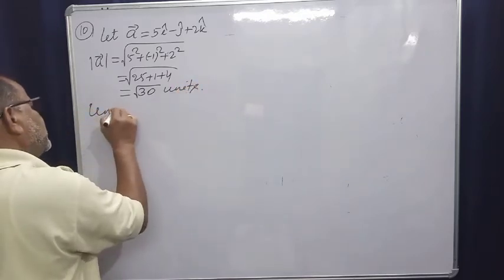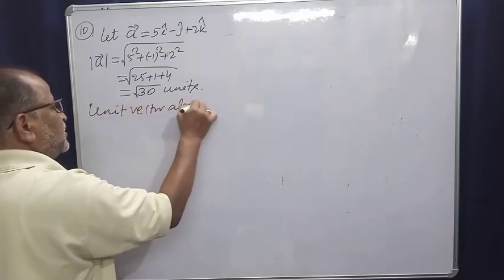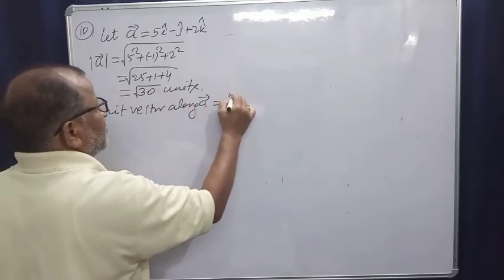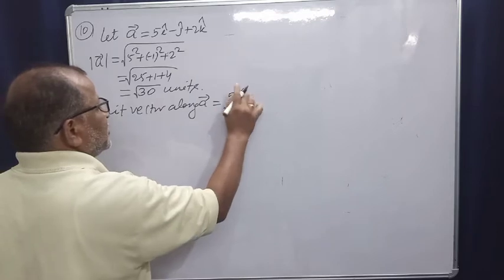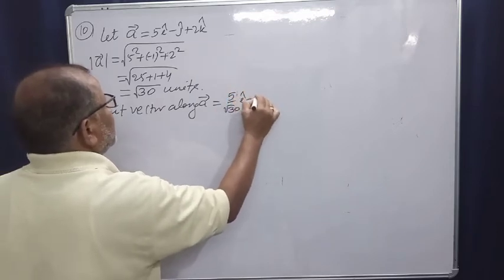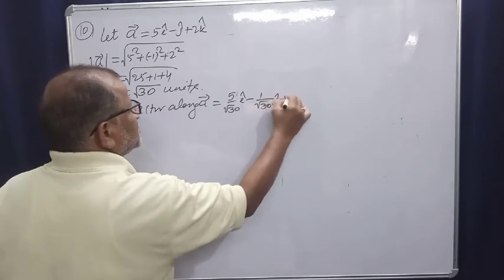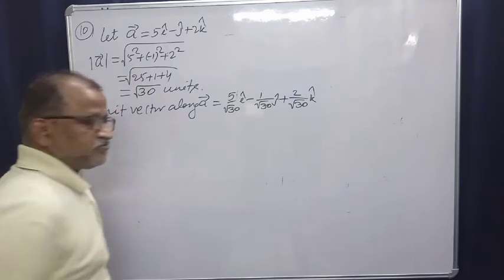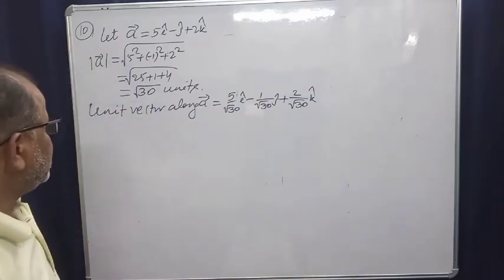So the unit vector along A is 5 by square root of 30 i cap minus 1 by square root of 30 j cap plus 2 by square root of 30 k cap.